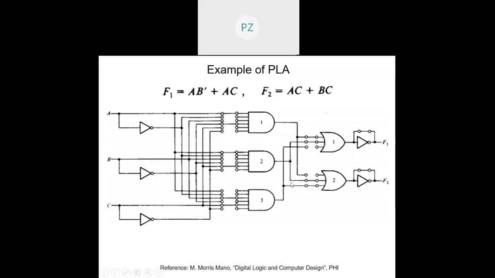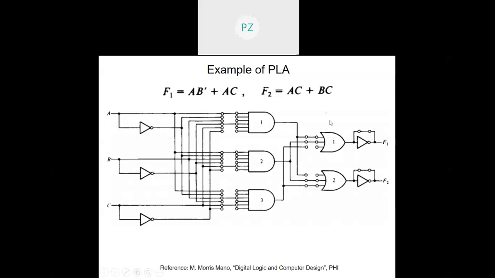Only AC is connected and BC is connected. So I'll get F2 here, and this link will remain intact because I am generating F2. So this is how I can realize these two functions using PLA after saving a lot of hardware, many gates. I have saved 5 different gates of 6 inputs each, which would have been the case in the decoder or a multiplexer or the ROM.